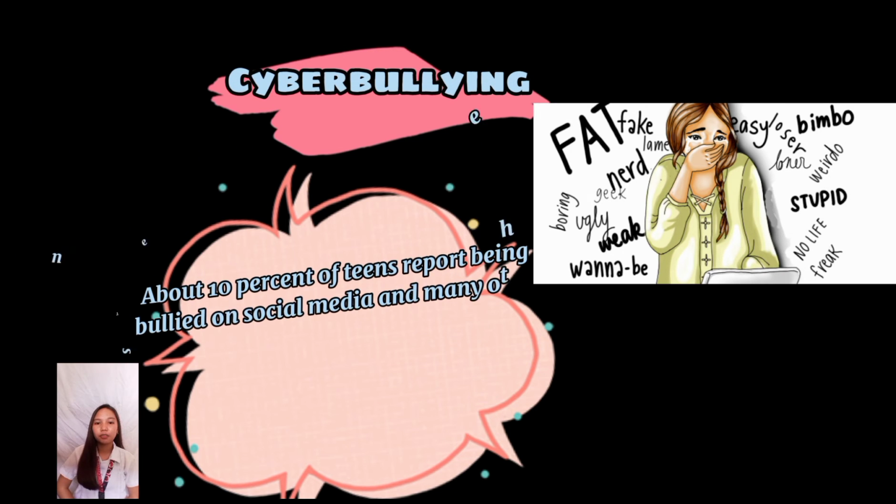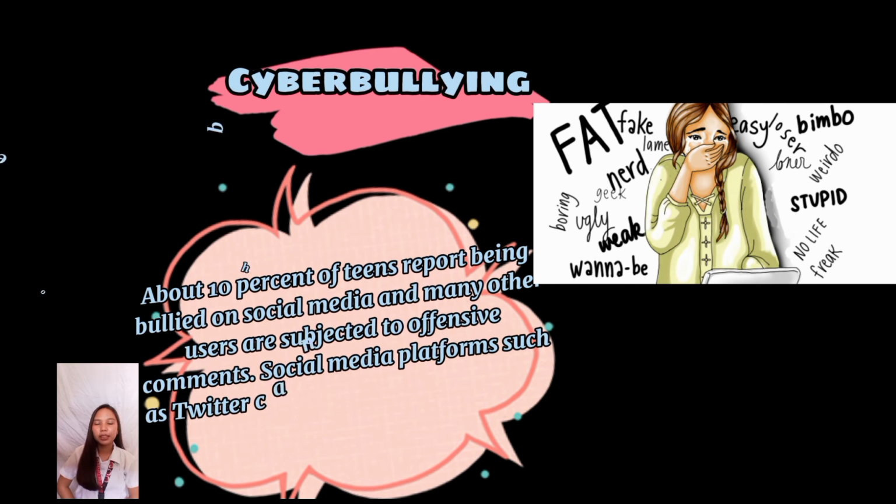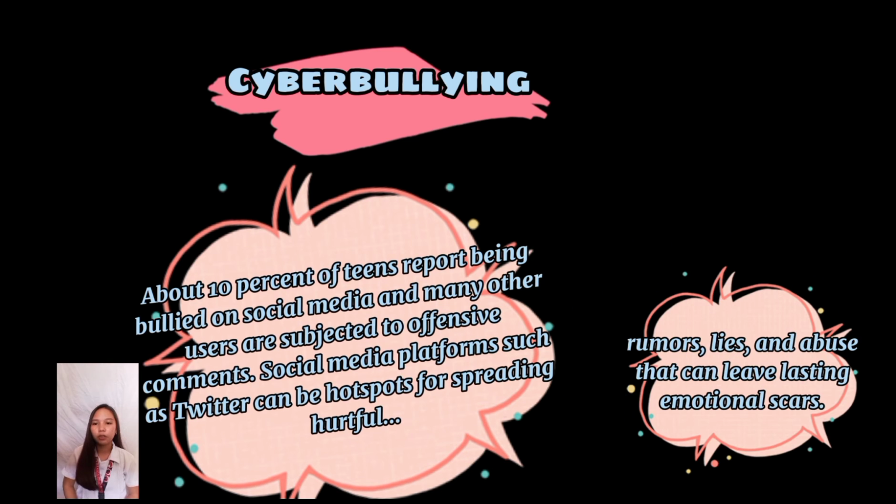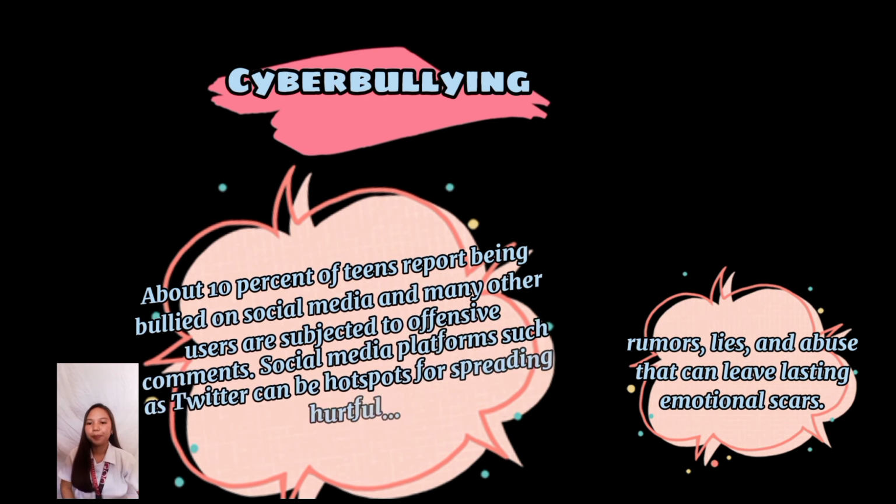About 10% of teens report being bullied on social media, and many other users are subject to offensive comments. Social media platforms such as Twitter can be hotspots for spreading hurtful rumors, lies, and abuse that can leave lasting emotional scars.